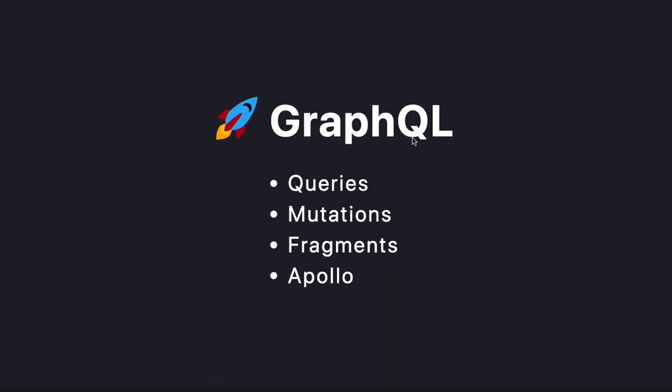Then you can move on to GraphQL, because if you don't have an API, if you don't have the backend of your application, your React app is almost useless. So how do you use GraphQL to create APIs? How do you write query-based APIs?